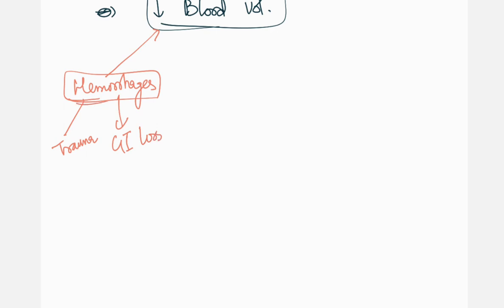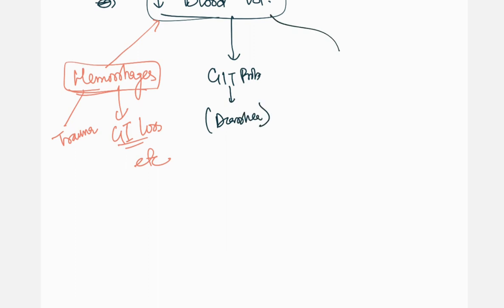Blood volume can also be lost through GIT problems like diarrhea, or due to polyuria, increased urine production. These are some of the causes which can cause decreased blood volume.